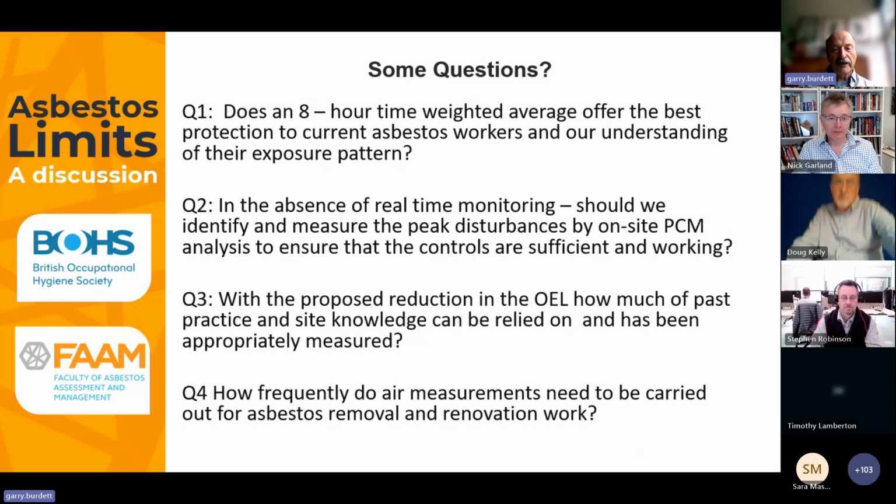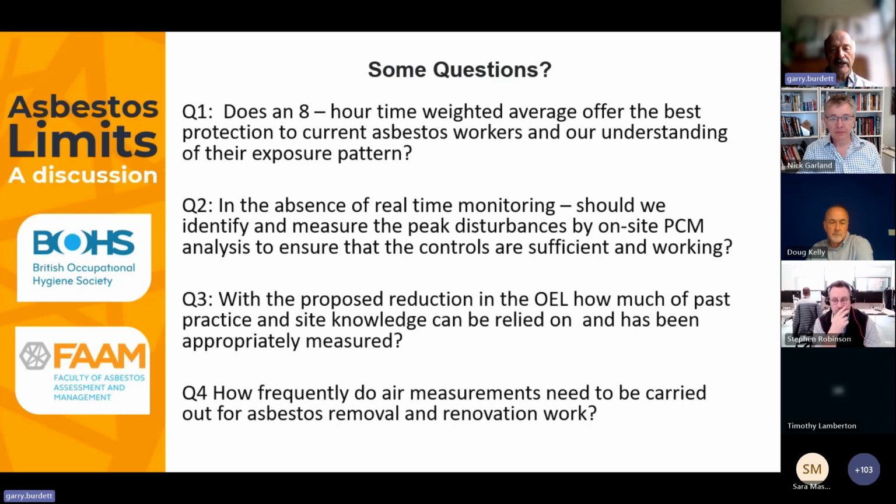Hopefully I've explained rather poorly in this case, but that's the topic: when do we really need to measure the exposure? And we're talking about personal sampling, and hopefully most of the time personal air sampling. And we've just parked to one side what we do with the filters.